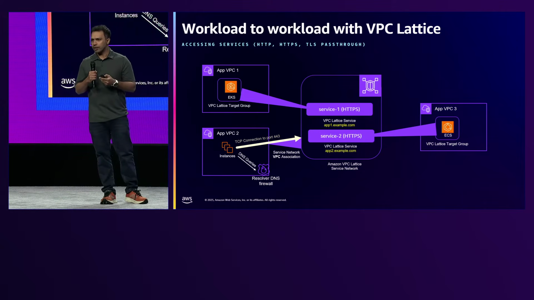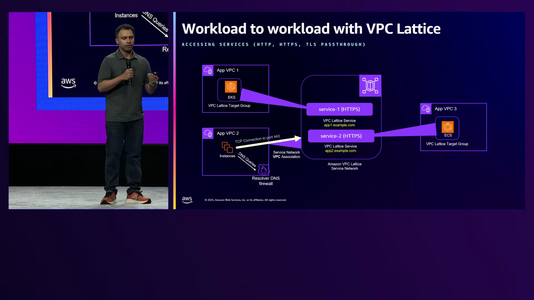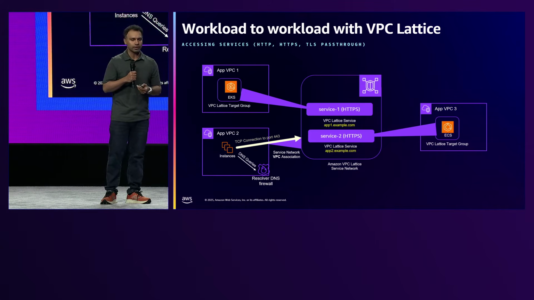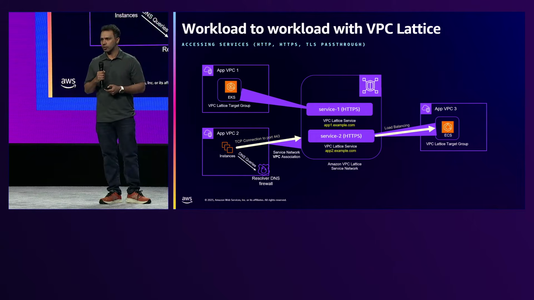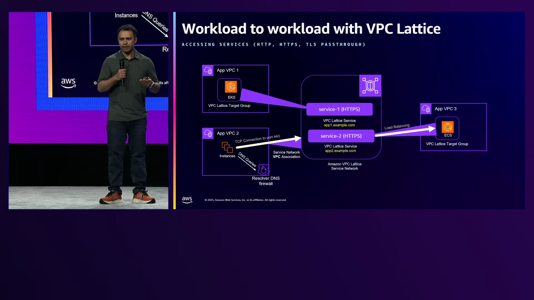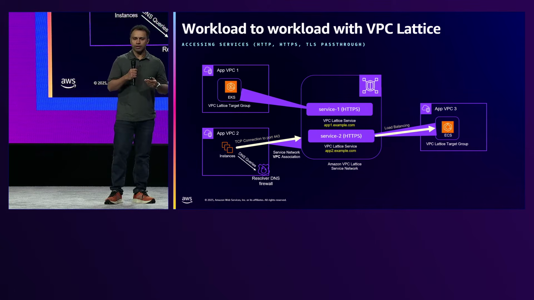Once traffic gets sent onto the VPC Lattice data plane, Lattice understands where this traffic must be sent. So instead of service 1, this time it's sent to service 2 towards the ECS cluster that's in app VPC 3. So again, the net takeaway here is for your HTTP, HTTPS services, Lattice can act as both a load balancer and a router at the same time.